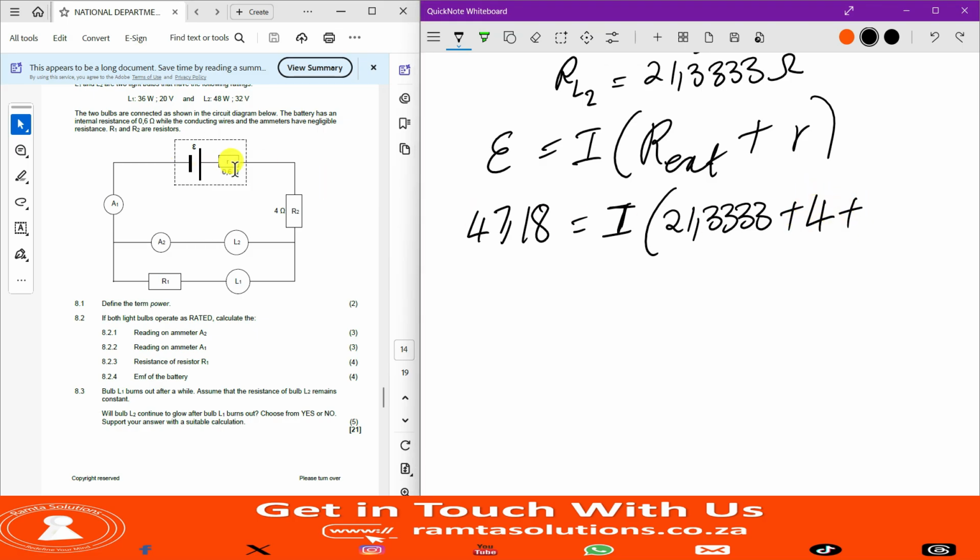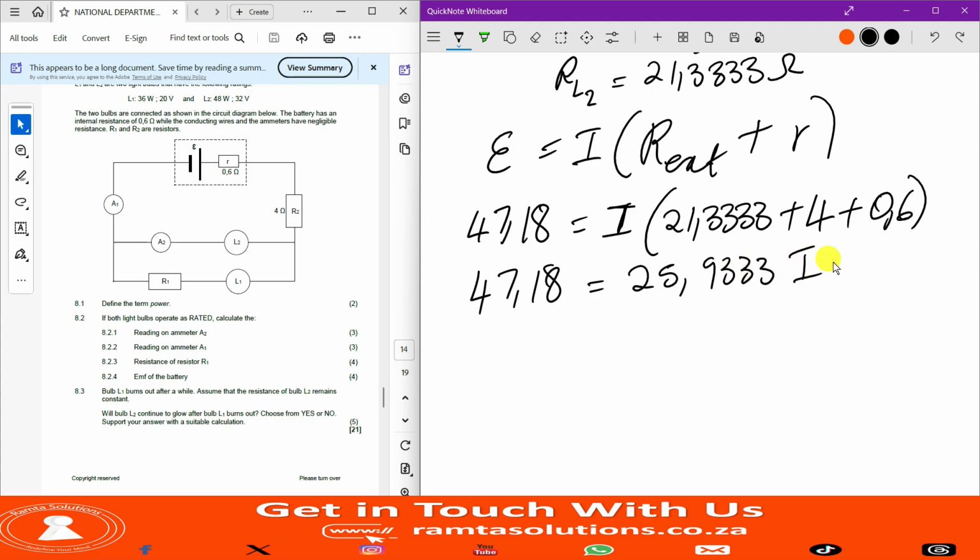And the internal resistance doesn't change either. It's 0.6. So 47.18 equals 25.9333 times I. Let me confirm. Perfect.